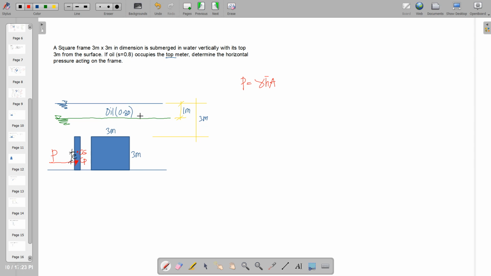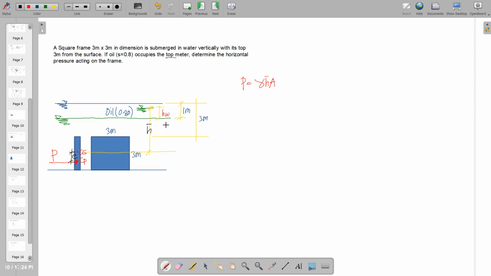So what we do here is get the equivalent head of oil in terms of water. The top layer should have an equivalent head of water, so that this liquid surface of water will be our reference in the computation of our h bar, say from the center of gravity up to the liquid surface. That is our h bar.